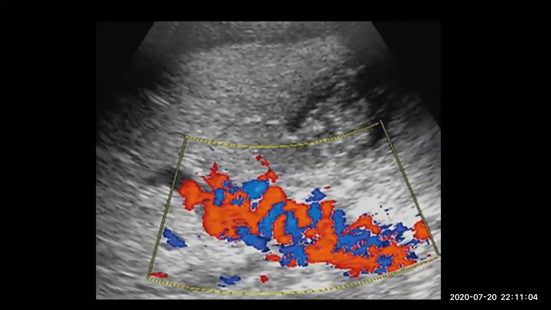It is replaced by this abnormal serpiginous, tortuous collaterals in the porta hepatis, giving the appearance of cavernous transformation. And this is a classic spot diagnosis.